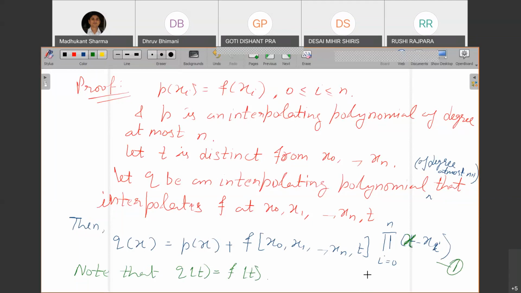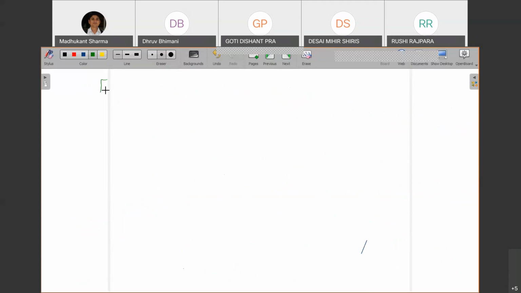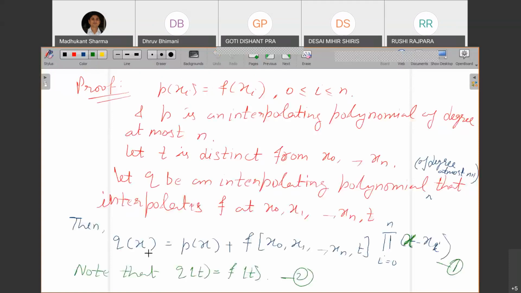So from 1 and 2, replace x by t here. Q of x at t is Q of t, P of x at t is P of t, and t is a fixed number, so you only replace x by t.